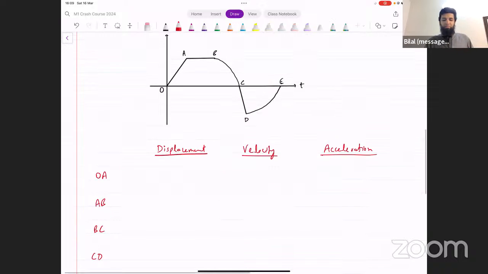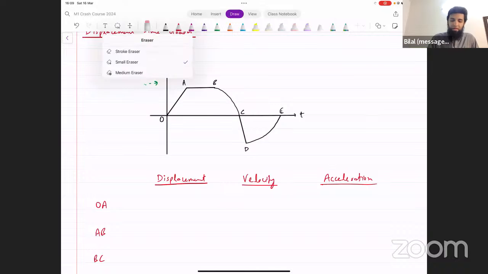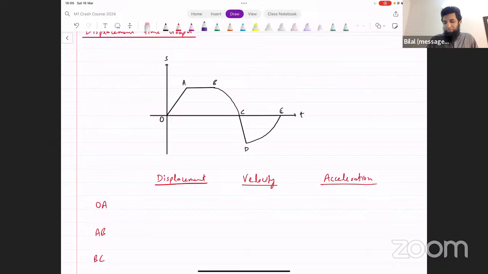Displacement is represented on the vertical axis here, so displacement can just be read from whatever is happening on the vertical axis. What about velocity? Velocity is the gradient of this graph, remember? The gradient of a displacement time graph gives you velocity. Now, keeping that in mind, can we say what's happening to displacement from O to A?